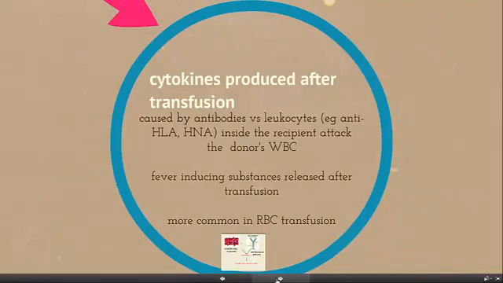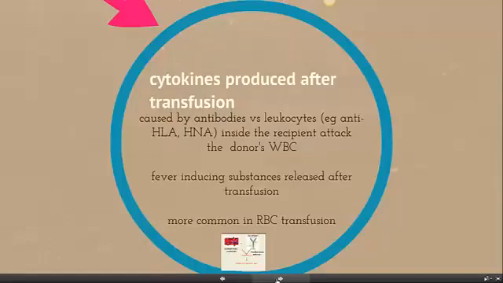This cytokine is also produced after transfusion, especially after red cell transfusion. So for example, this patient has been transfused before with red cells. We must remember, even though we give the patient red cells, there are some amount of white blood cells in the donor's blood. So sometimes when the white cells come into the patient's circulation, the body will recognize those white cells as alien because they have antigens that the recipient does not have.